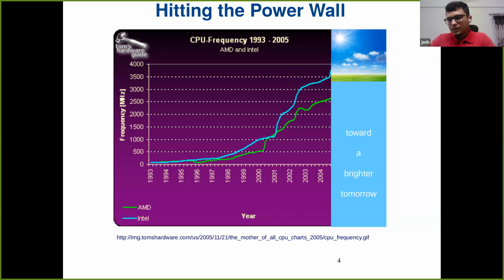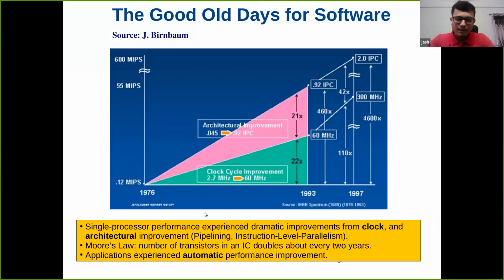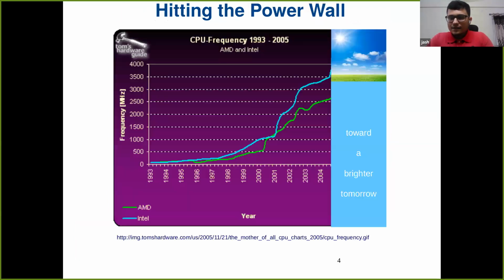We are not able to double the number of transistors like it was in this era. It's not doubling every year now, but we are still able to place more and more transistors. 3 nanometer technology is coming, 5 nanometer technology is already there. So in that sense, we are still in progress.